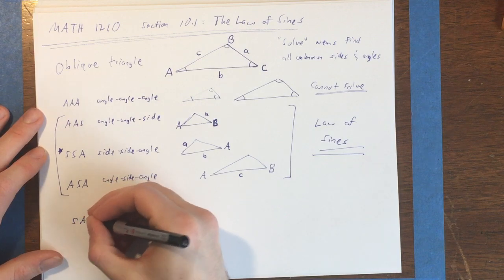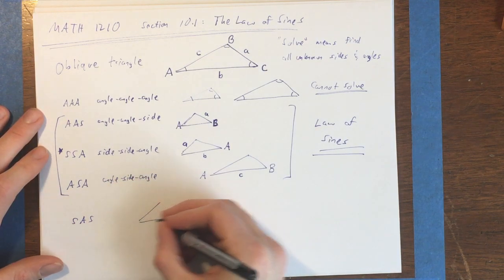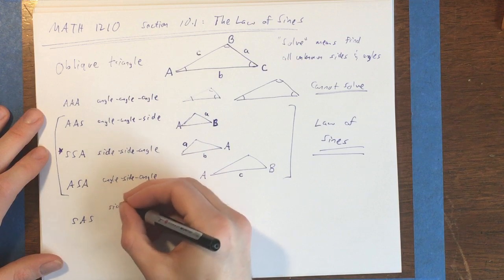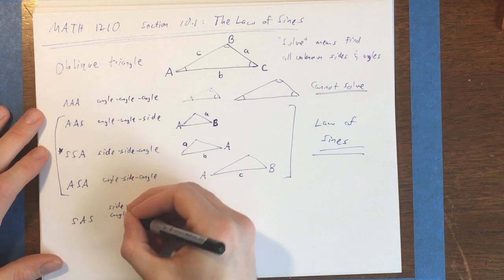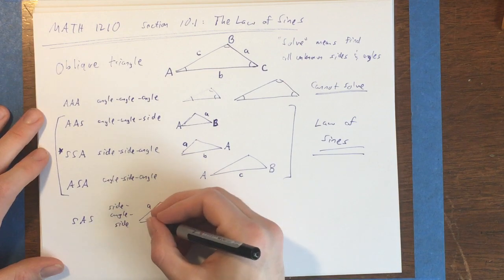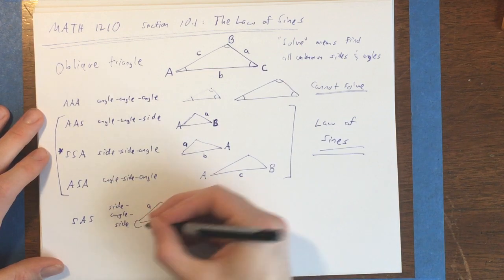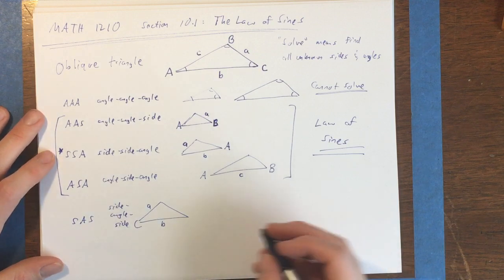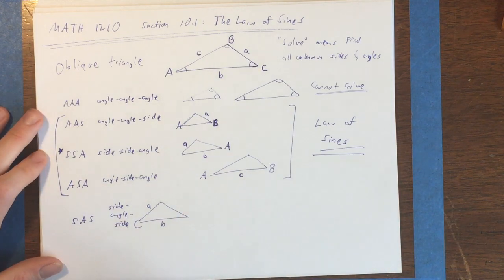The other two cases are side angle side. I forgot to do this part. Side angle side, where you know two sides, let's call them A and B, and then you know the angle which is between those two, like angle C right here. So you know two sides and the angle between them.